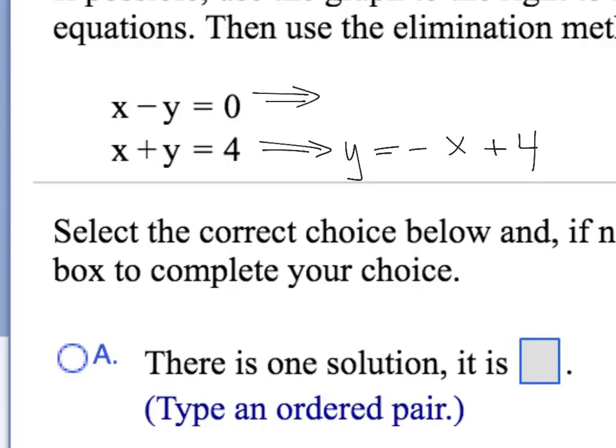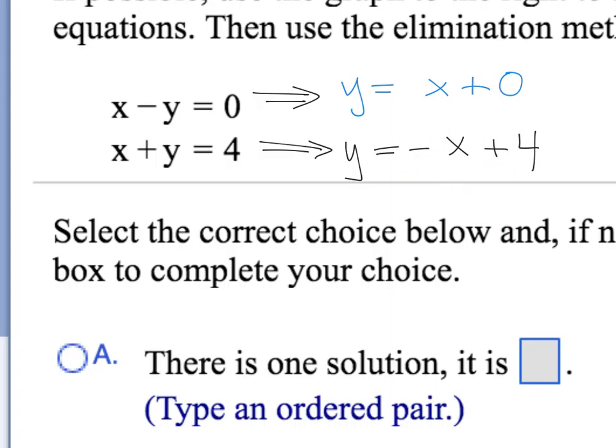And up here, if we solve for y, you end up with y is equal to x plus 0. You recall, this is your y-intercept, so it starts at 4, and then this is your slope, and it goes down 1 over 1, down 1 over 1.